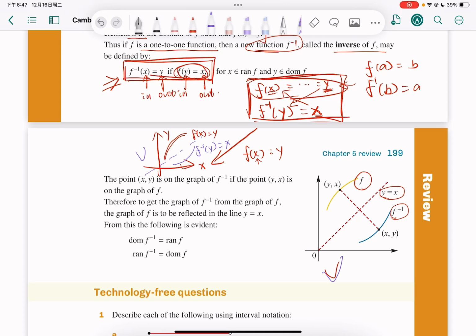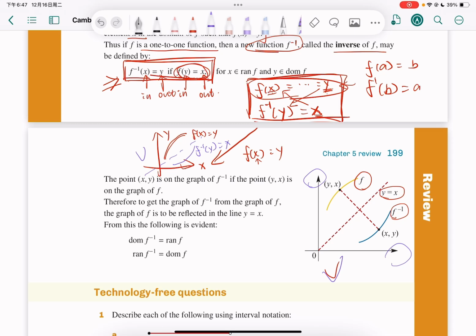So note that they do not actually write x and y on the horizontal and vertical axis because they think it might be confusing to tell you which is actually the input and output. So conclusion, it does not matter how you choose the input and output.